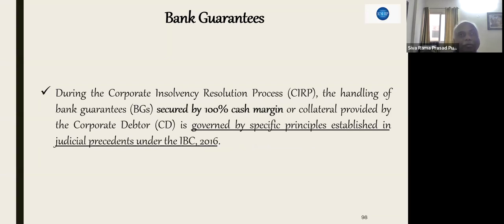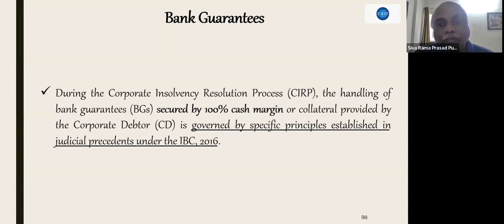During the CIRP, now I am discussing the CIRP. During the corporate insolvency resolution process, let us see the handling of bank guarantees secured by 100% cash margin. What is meant by 100% cash margin? A bank guarantee is issued, and a fixed deposit of 100 crores is there, 100 crores deposit, as collateral provided by the corporate debtor.